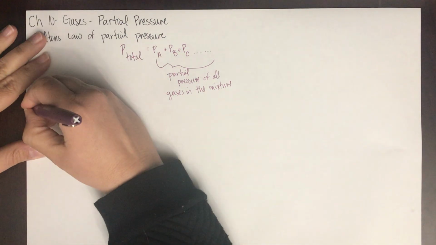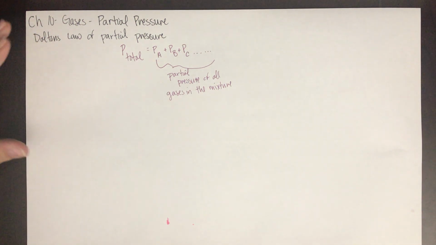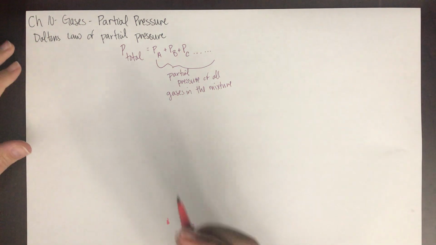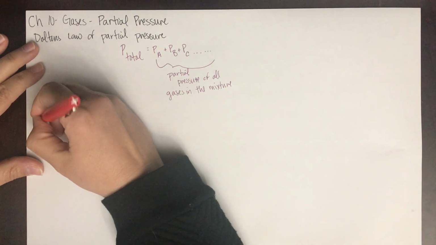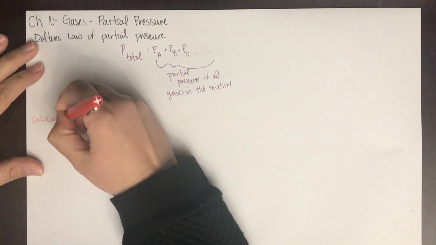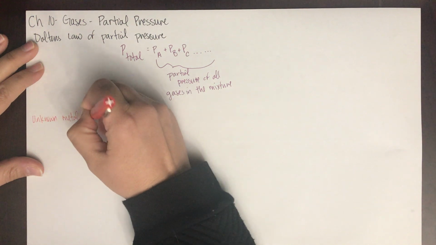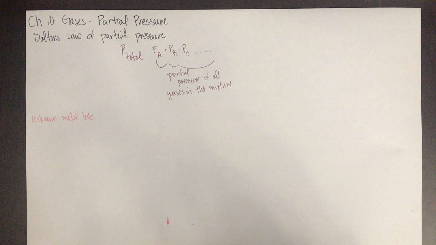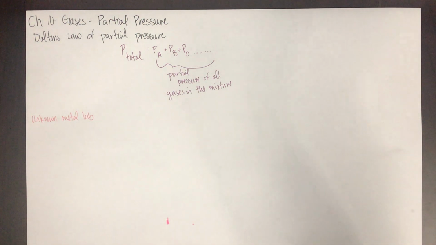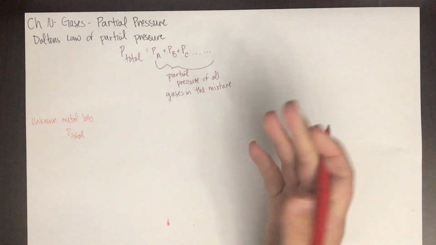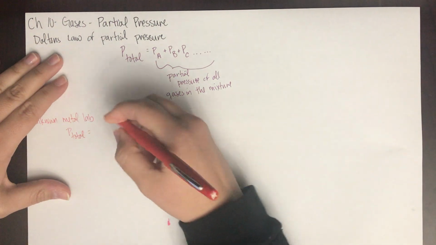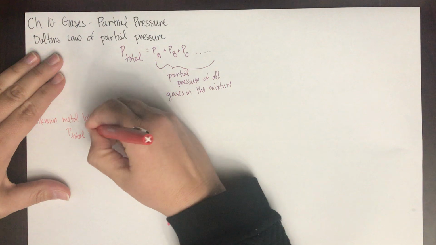So this is going to be important because at some point this quarter you're going to do a lab called the unknown metal lab, and you are going to be reacting two things together, and you're going to be producing hydrogen gas. But what's going to be important is you're going to have the total pressure based on the atmospheric pressure of that day, but you're going to be collecting this gas over water.